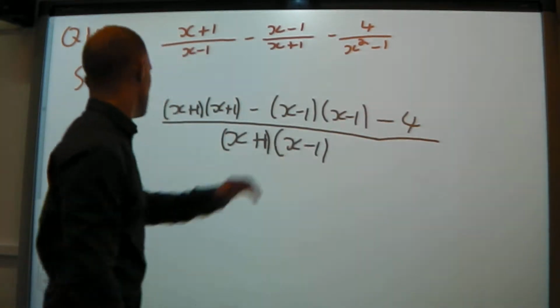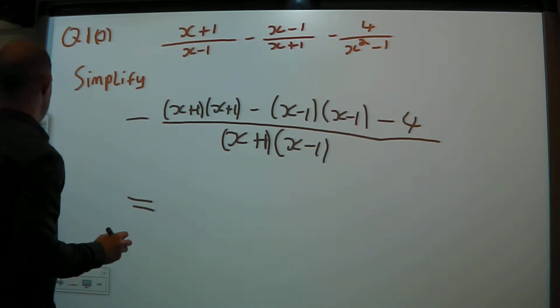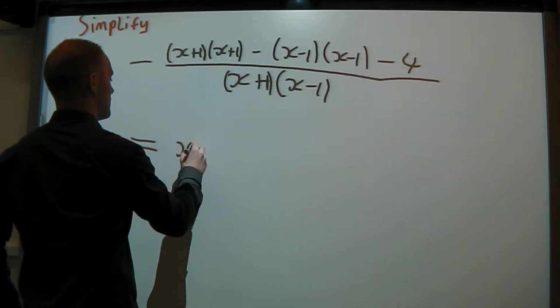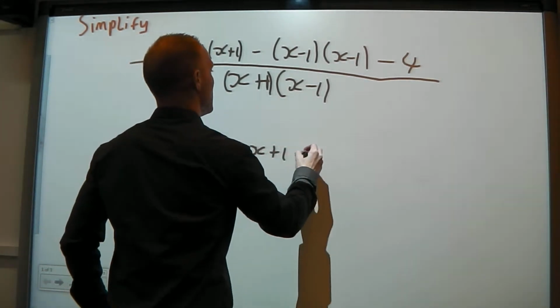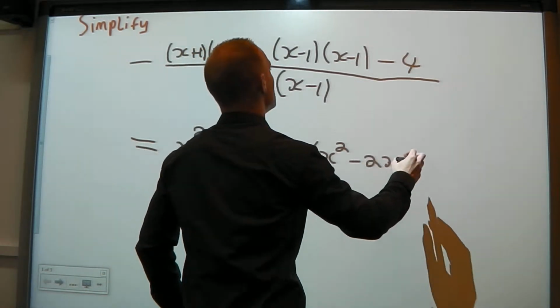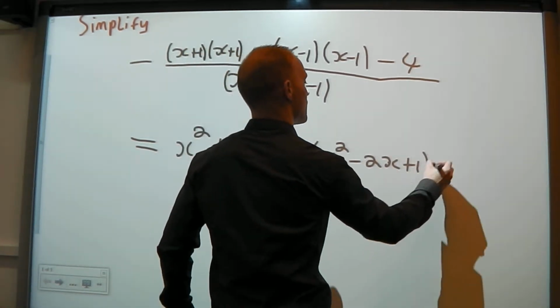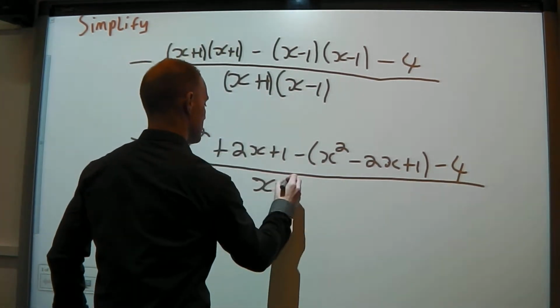So we have to tidy this up. It's equal to x squared plus 2x plus 1 minus brackets x squared minus 2x plus 1 minus 4, all over (x plus 1)(x minus 1).